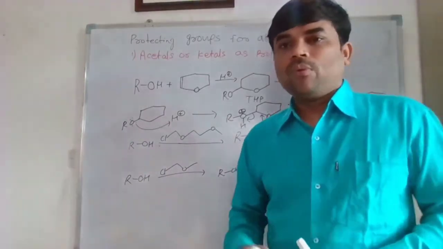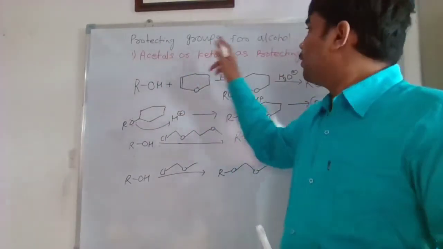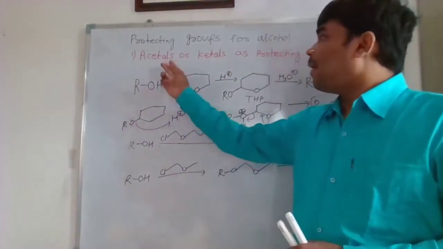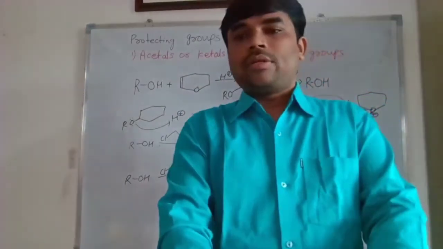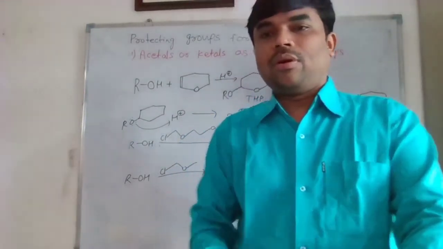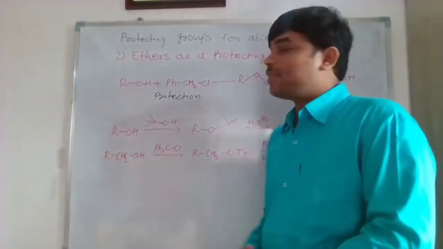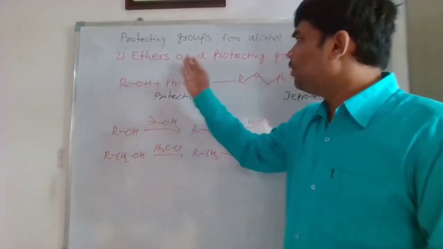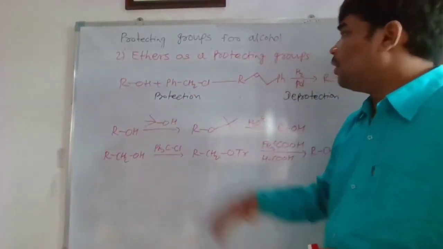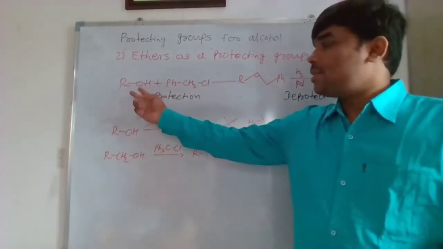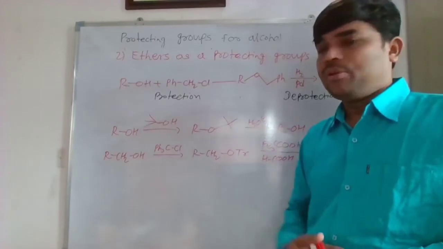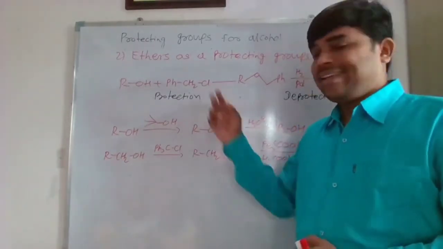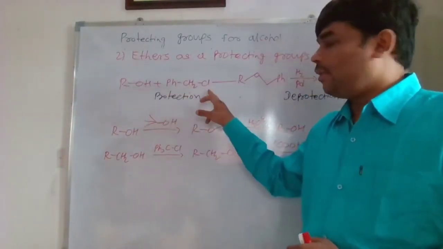In this video, we discuss protecting groups for alcohols as acetals and ketals. Now, in the second part, we discuss ethers as protecting groups. Now, we have to convert this alcohol into ethers. For the protection, we use some alkyl halides like benzyl chloride.